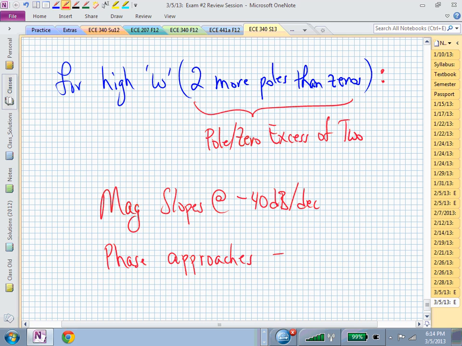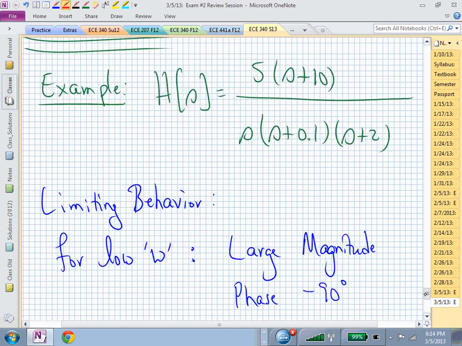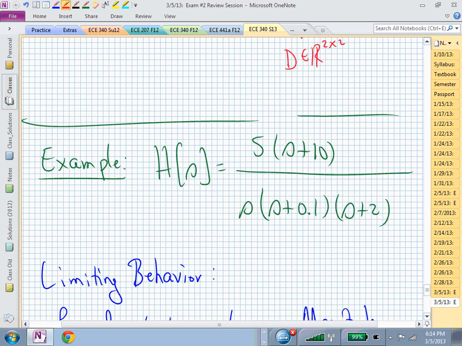You have 2 of those. You should be expecting your phase to approach minus 180 at high frequencies. Is that clear? And that's all just by looking at the general behavior or general structure of this transfer function.